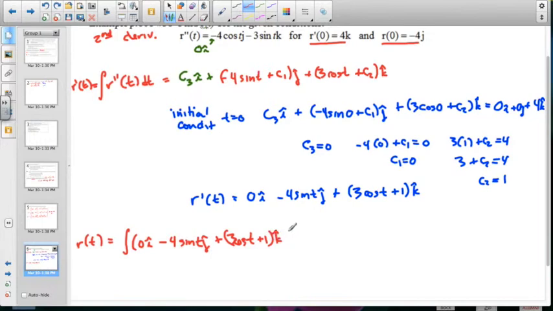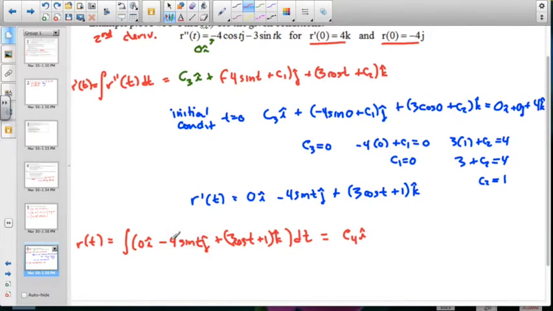plus 3 cosine t plus 1 k dt. So when I integrate that, let's see, I already used C1, C2, C3. I could start over with C1, C2, C3 if I wanted to, but I think I might go on to C4, C5, C6 to avoid confusion. So integrating this, there's a potential to get a C4 i.